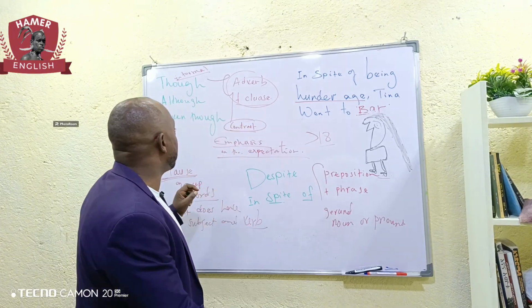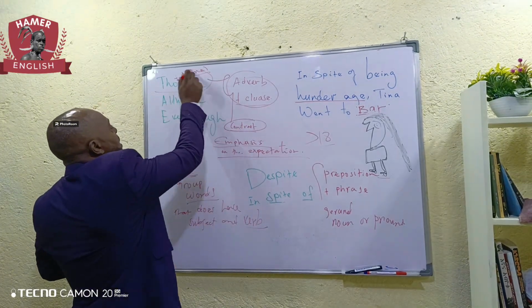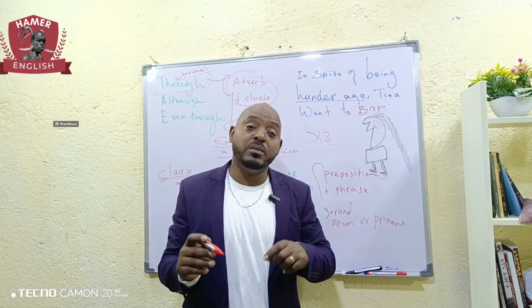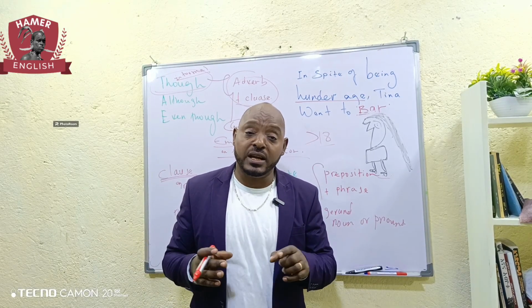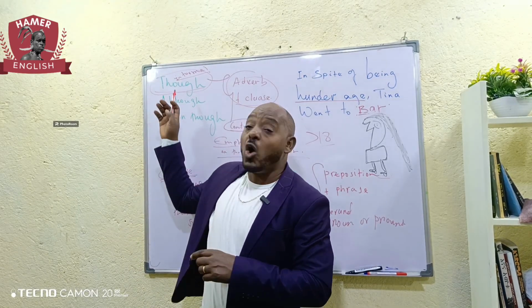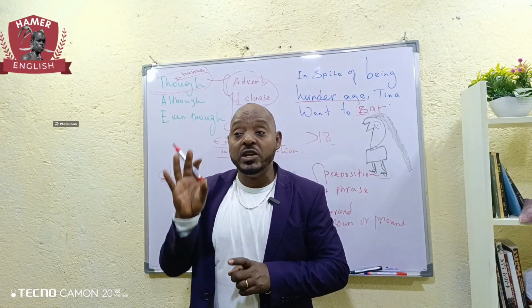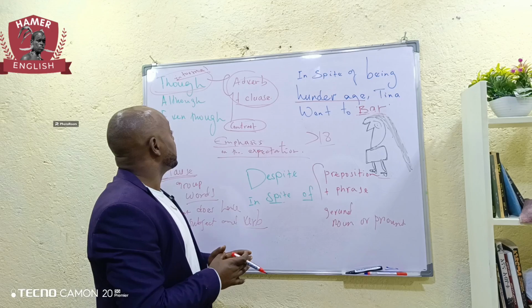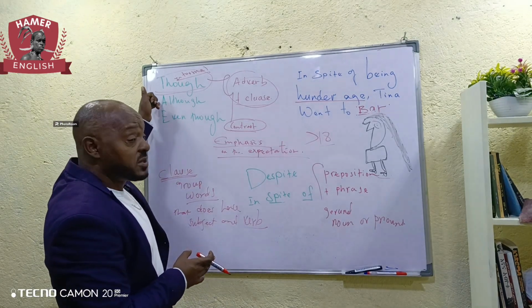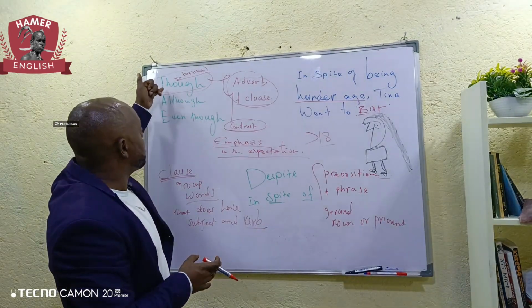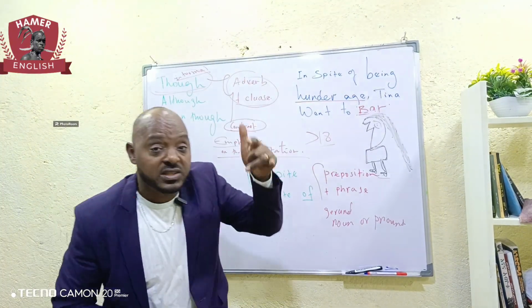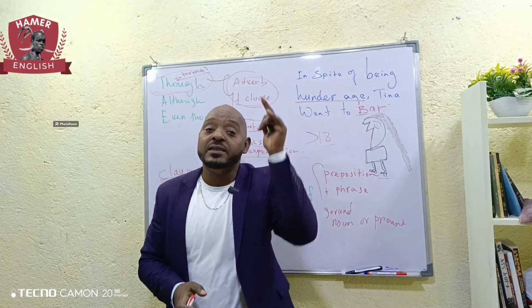If we ask why not use only one, most of the time it does not appear in written English. Most of the time though is used in spoken English, and it is informal. It is possible to use though at the beginning, in the middle, and at the end of the sentence.